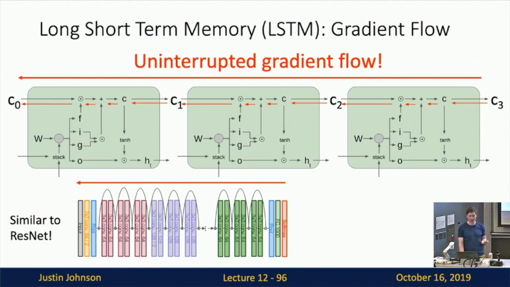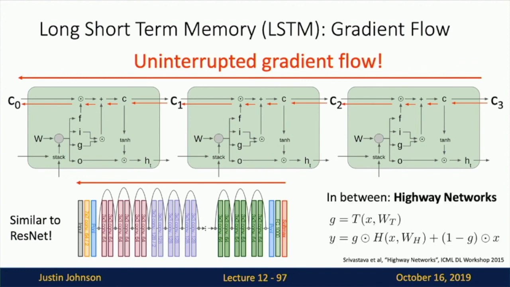So I think the LSTM and the ResNet actually share a lot of intuition. And as a fun pointer, there's another thing called a highway network that came out right before ResNets that looks even more like an LSTM, that kind of cements these connections a little bit more. You can check that out if you're interested in those connections.